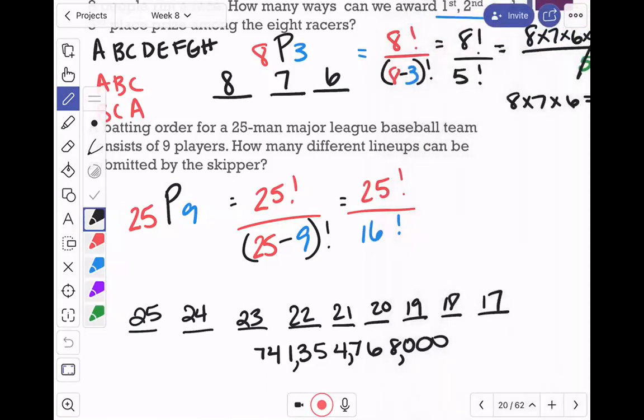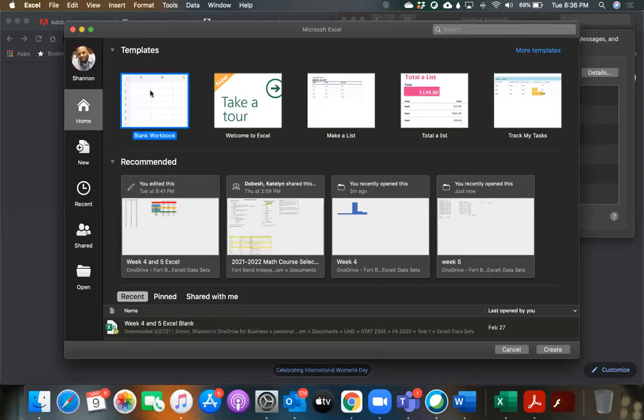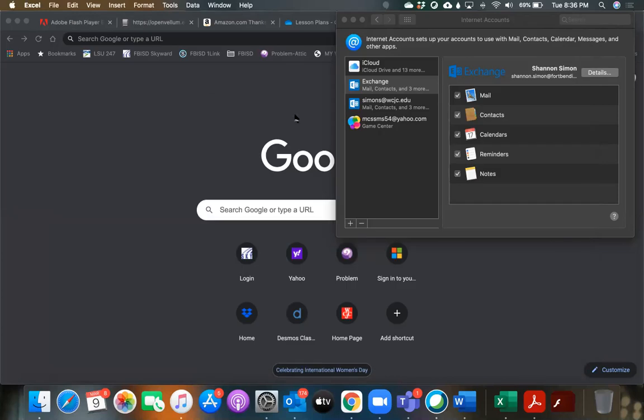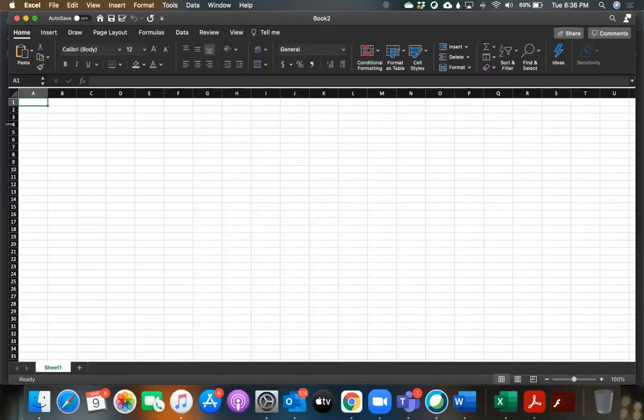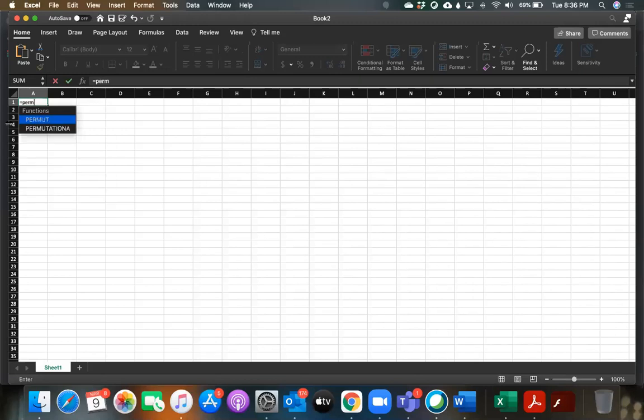In Excel, let's go look at what it looks like in Excel real quick. You see, you have permutations right here.